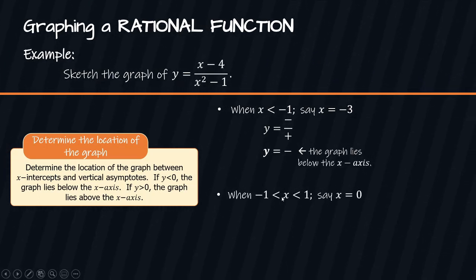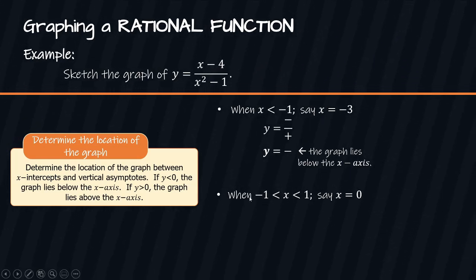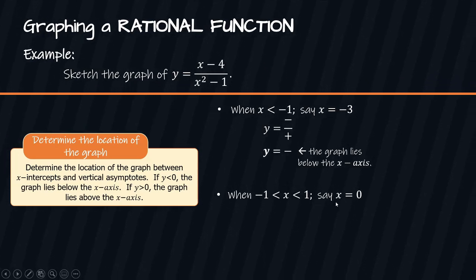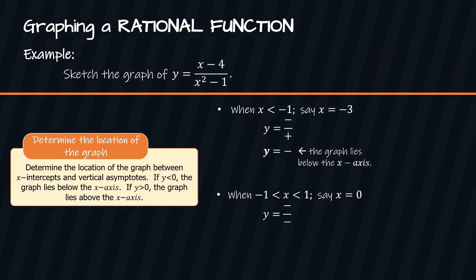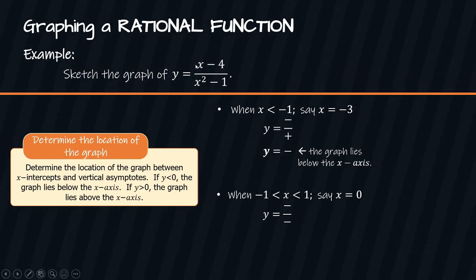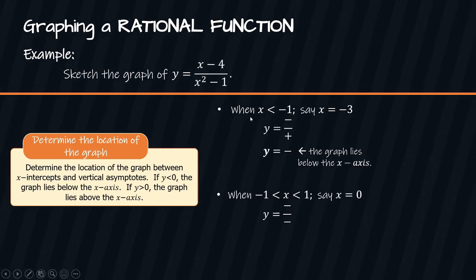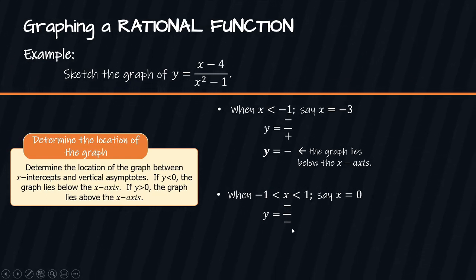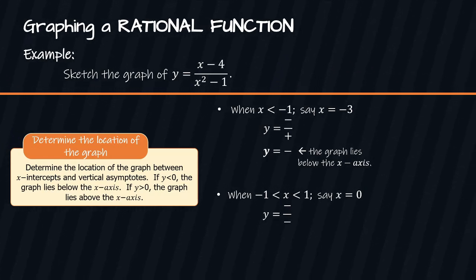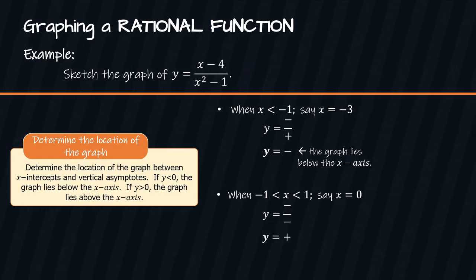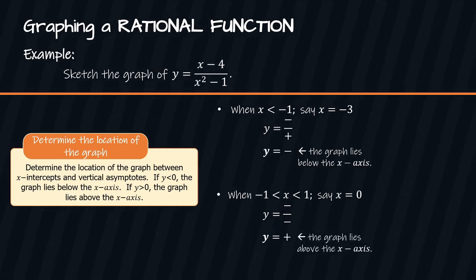Then when x is less than 1 but greater than negative 1, say x equals 0, the numerator is a negative value and the denominator is a negative value. When we divide two negative values, we get a positive quotient. Hence, the graph lies above the x-axis.